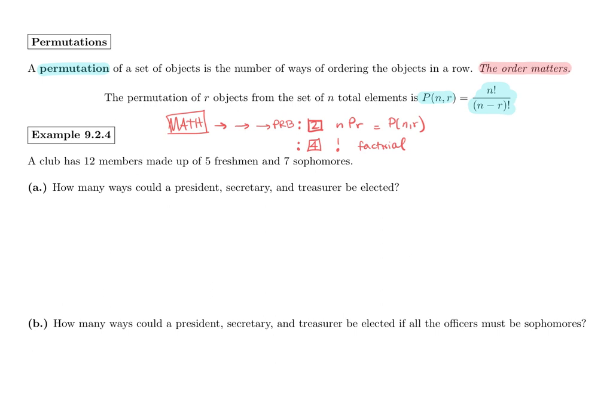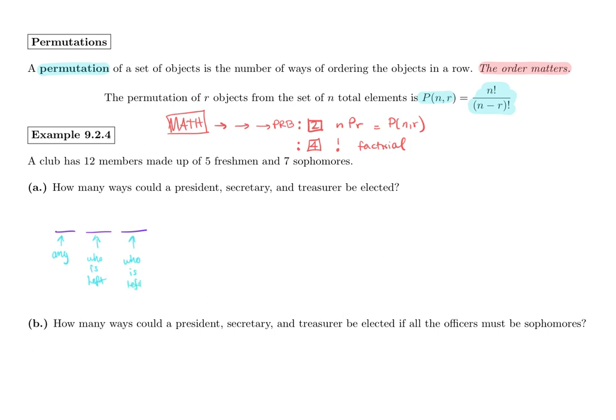So it's the same idea as we did with our PIN numbers. For the first position, let's say it's the president, we could have any of the 12. Then we have who is left, and who is left again, because you can't serve in 2 capacities.